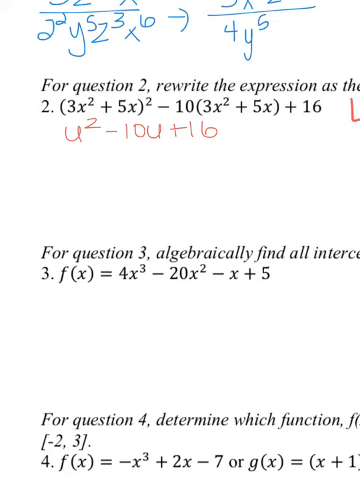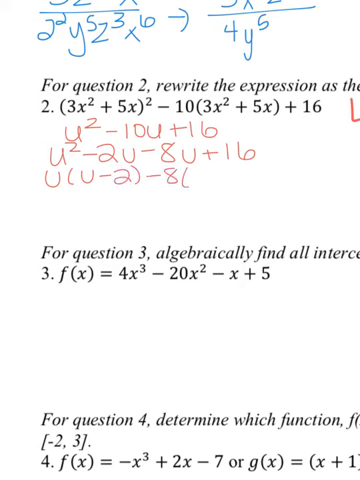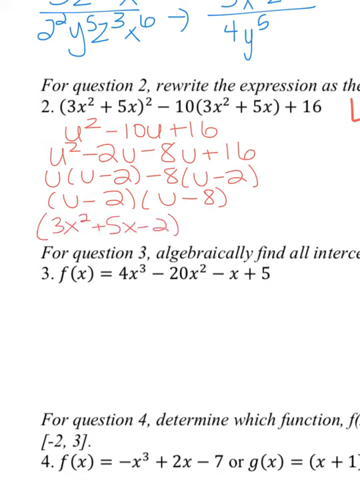So master product, this gives me u squared minus 2u minus 8u plus 16. U times u minus 2 minus 8 times u minus 2. So this is u minus 2 times u minus 8. And then I plug my x's back in. So u is 3x squared plus 5x minus 2, and then this is 3x squared plus 5x minus 8.